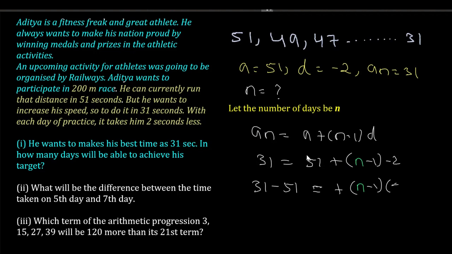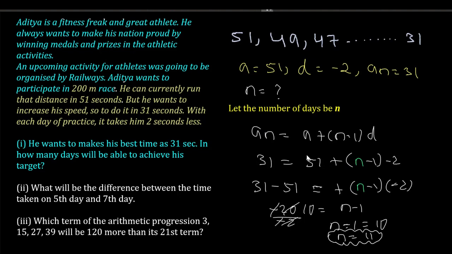This will result in minus 20, divided by minus 2 over here. So this is equal to, you can see, n minus 1. So I can reduce it by 10 times. We get to know that n minus 1 is equal to 10. That implies n is equal to 10 plus 1, that is 11.